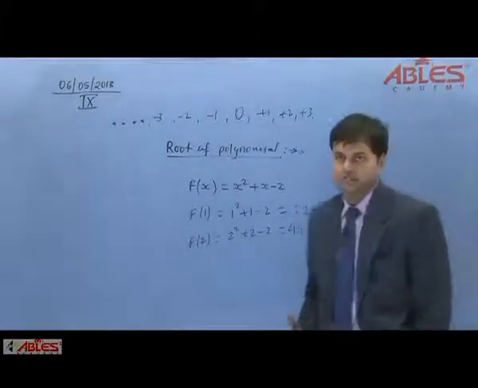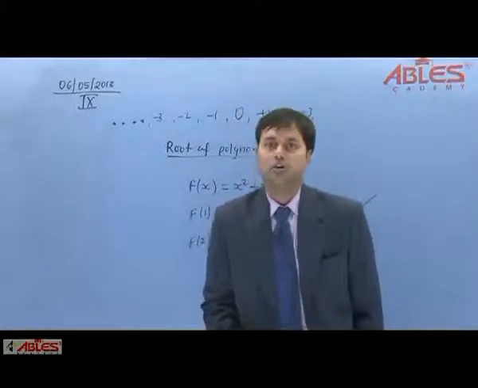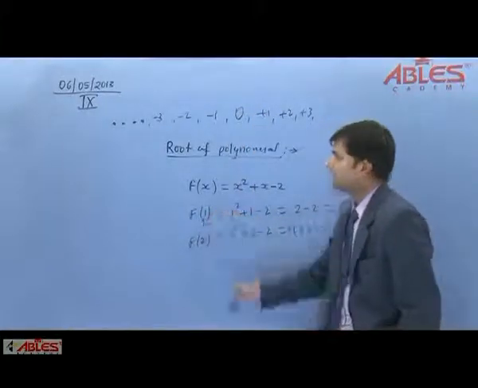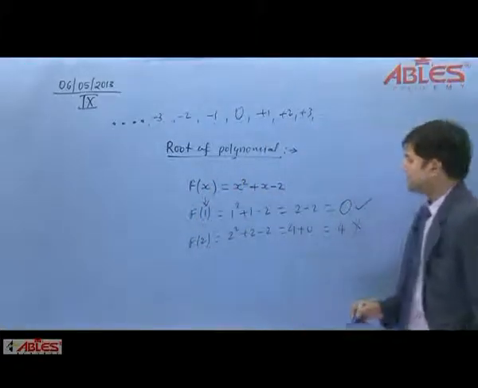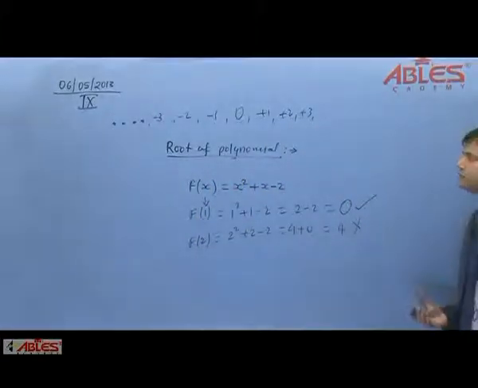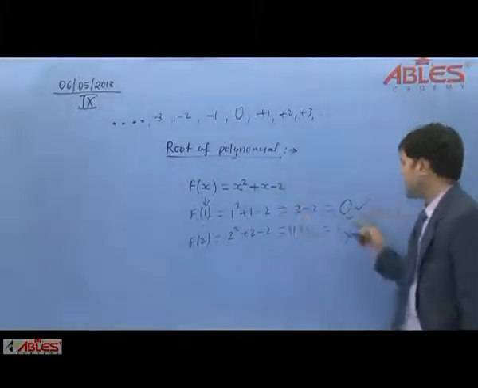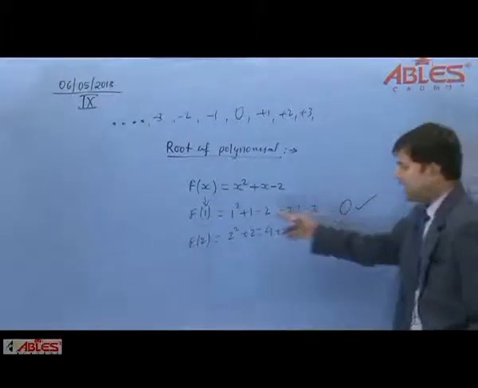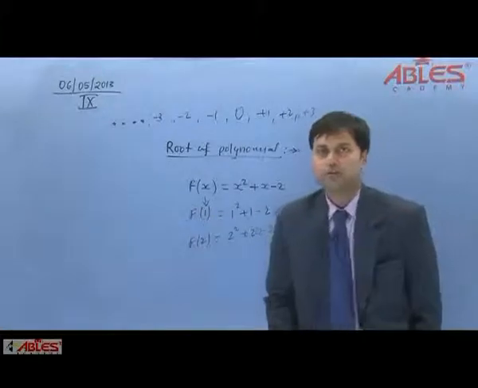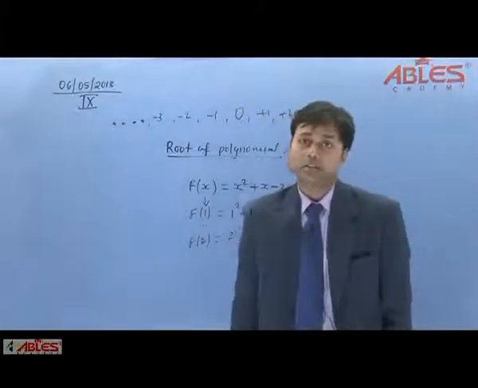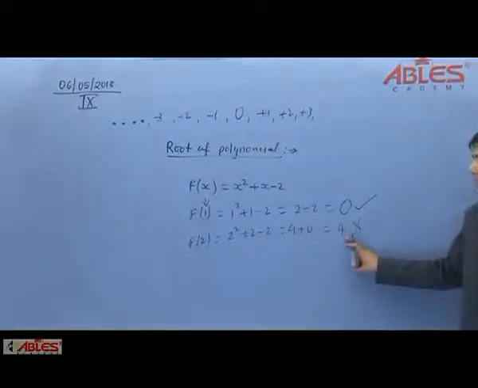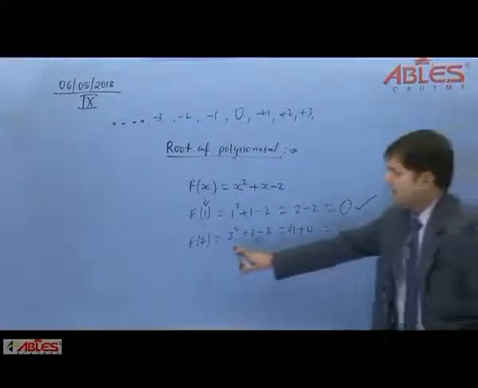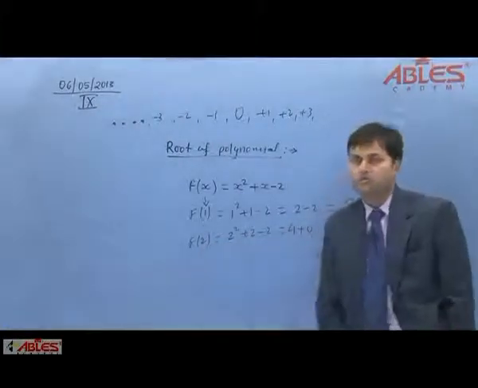In such cases, when we get output 0, that value of x, this time x equals 1, is known as the root of the polynomial. Suppose by putting some other value of x we do not get output 0, it's a non-zero output. So we will not call x equals 2 a root of the equation.